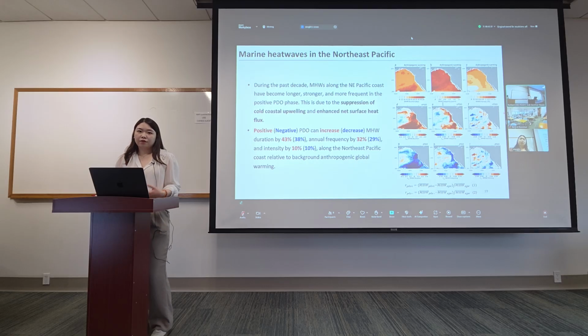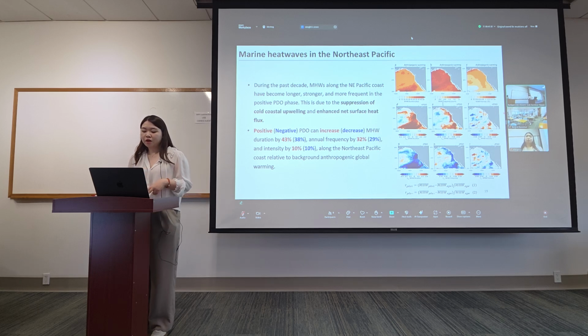This is primarily linked to the mean state SST differences between the two phases. Also, during the positive PDO, the coastal region experiences reduced cold upwelling and enhanced downward surface heat fluxes, and both of them favor warm surface SST.